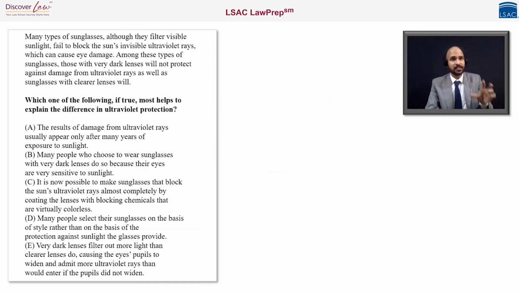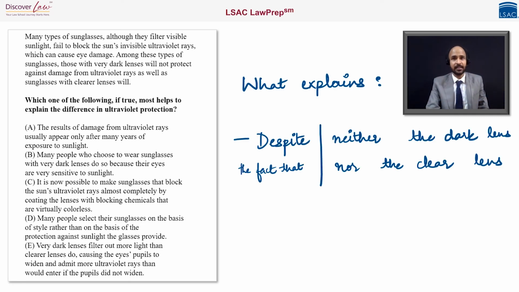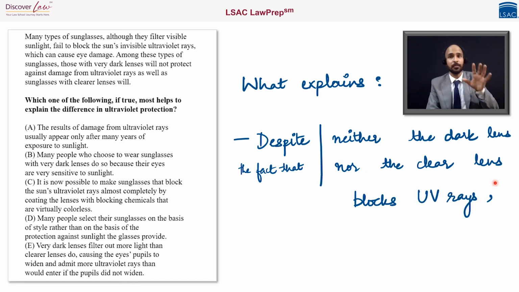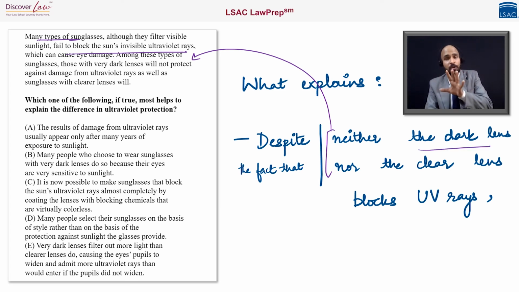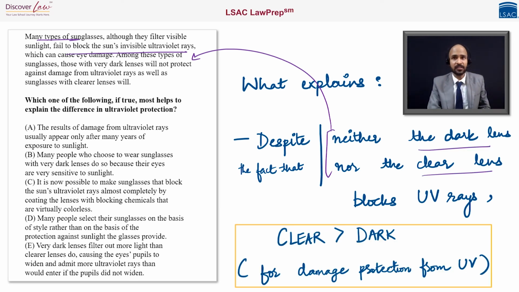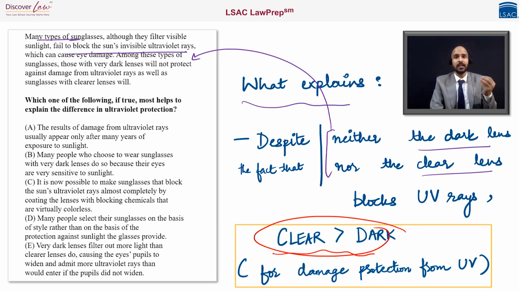In other words, the requirement of the question is, what explains the fact that, despite the fact that neither the dark lens nor the clear lens blocks UV rays, so we know that both of these come within the category of this type here that does not block UV rays, the clear lens is better than the dark lens as far as damage protection from ultraviolet is concerned?